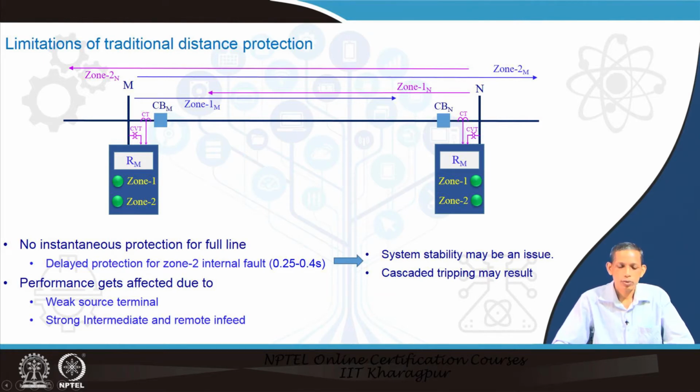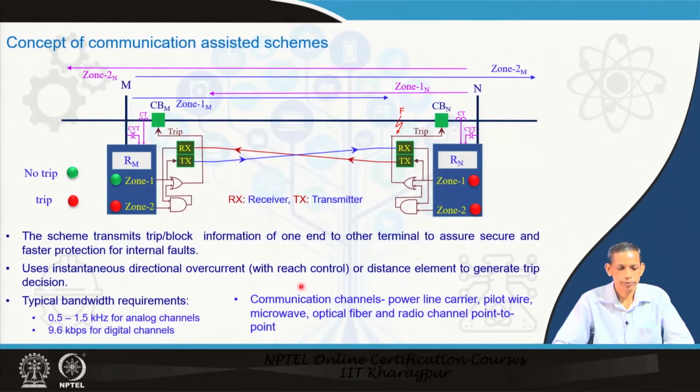So, the question here is: is there any scope to improve the speed of operation of the distance relay and the reliability of its decision? How the communication system can be useful and enhance the performance of the distance relay, we would like to see in this slide.